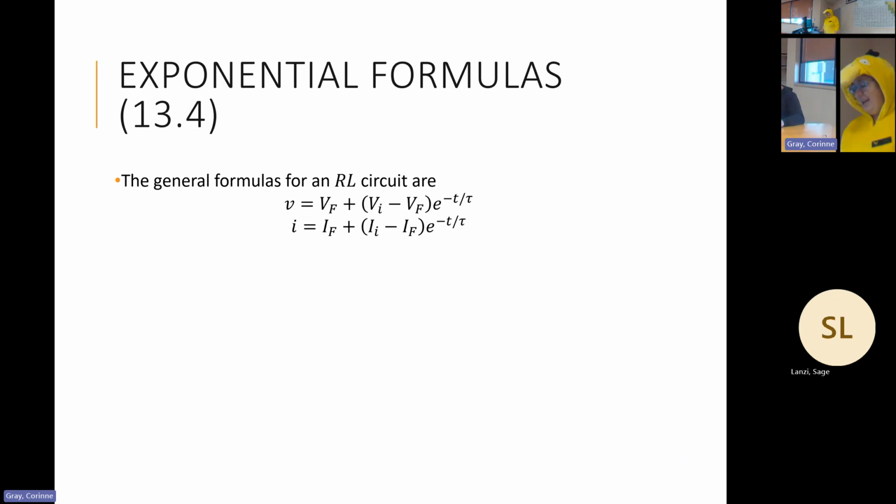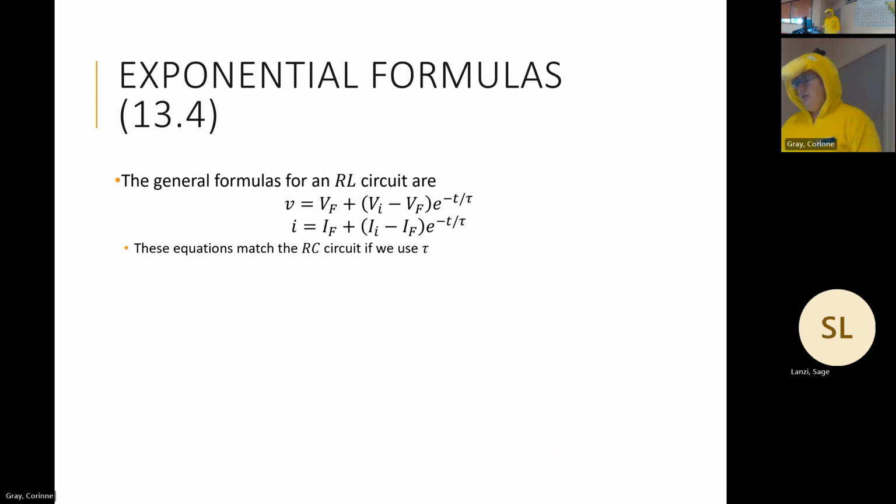These are the same equations because we're using tau. If we don't use tau, they're going to look a little bit different, where one's going to have RC in the denominator, the other one should be R times L, or RT divided by L.